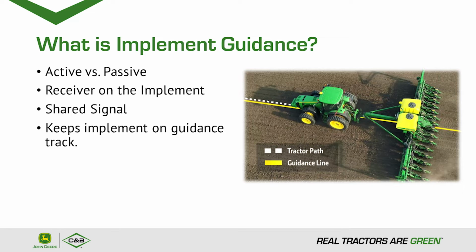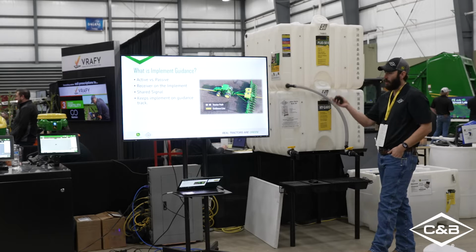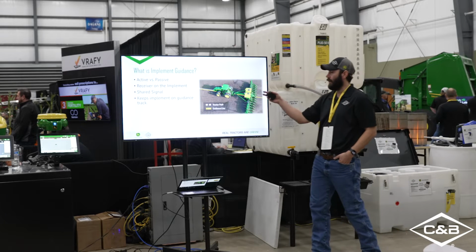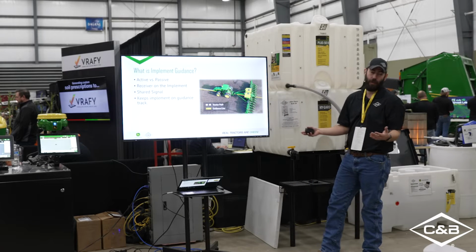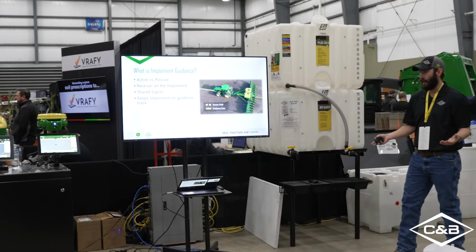So looking at the picture here, what implement guidance is where we can actually put an implement receiver on our implement, and then that implement is actually going to basically tell the tractor to go left or right, so we keep that implement right on our guidance line.